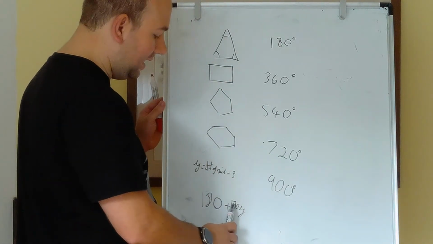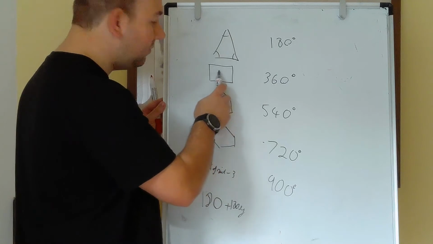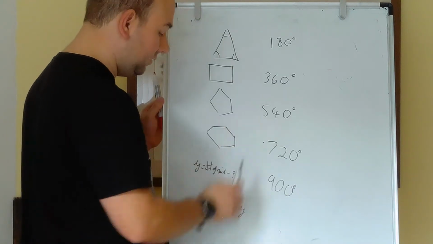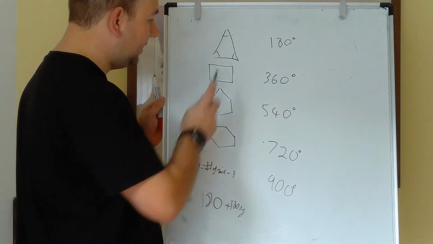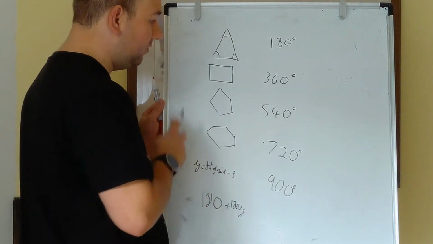Now we can test this formula. If we start off with this square, we start off with 180 plus the number of sides, which is 4, minus 3, which is 1, times 180, which will give you 360.